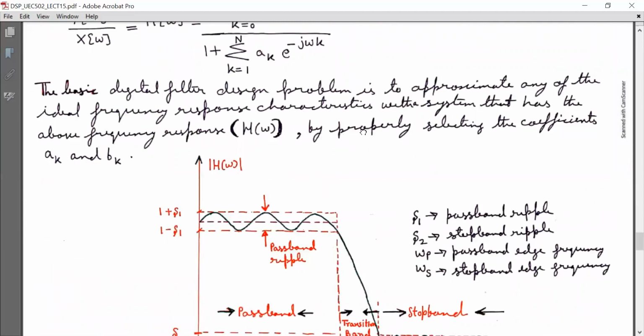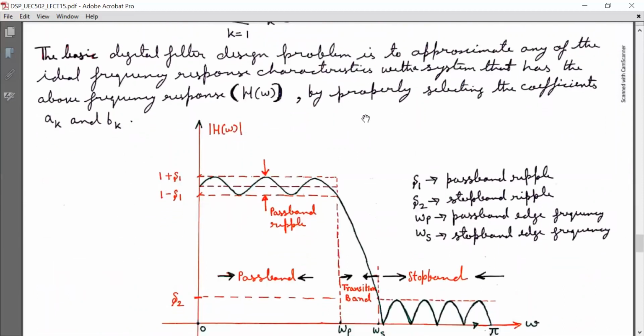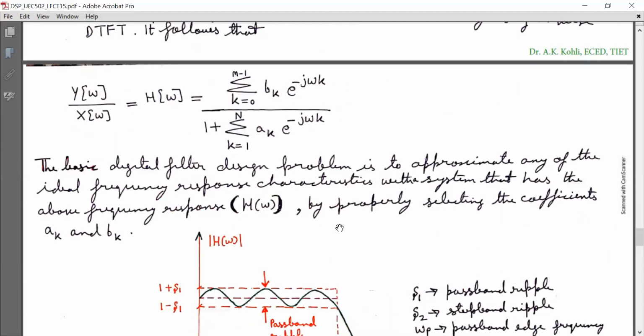The basic digital filter design problem is to approximate any of the ideal frequency response characteristics with a system that has the above frequency response H(ω), by properly selecting the coefficients a_k and b_k. So once more I repeat, H(ω) is indicating the frequency response of an LTI system.